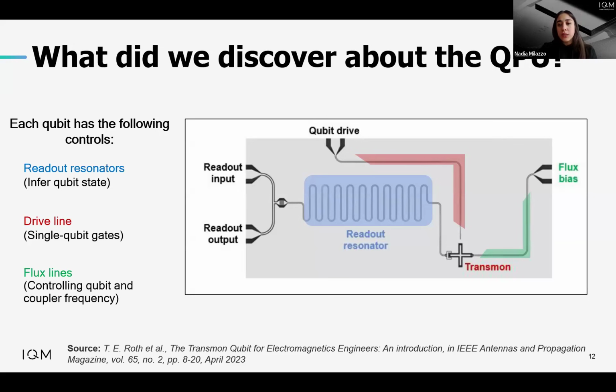And then here you see maybe a new word next to the drawing of the qubit, this Transmon. The Transmon qubit is a specific type of superconducting qubit that we are using in our technology, but there are other types of superconducting qubits that could be fabricated. So this Transmon for us is equivalent to the qubit that we are using.